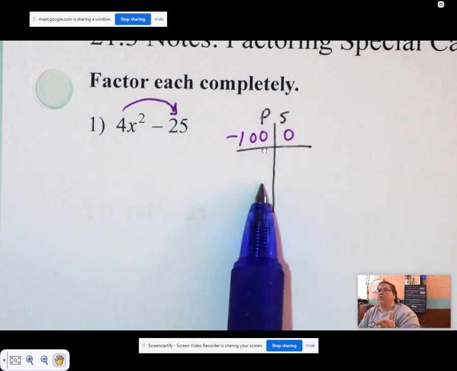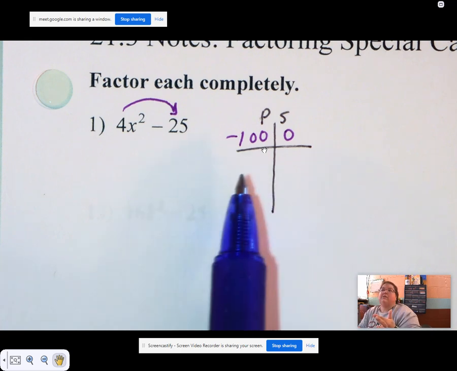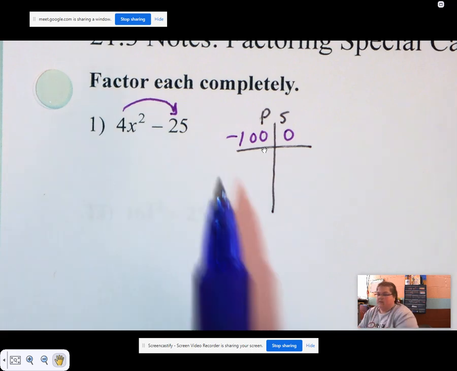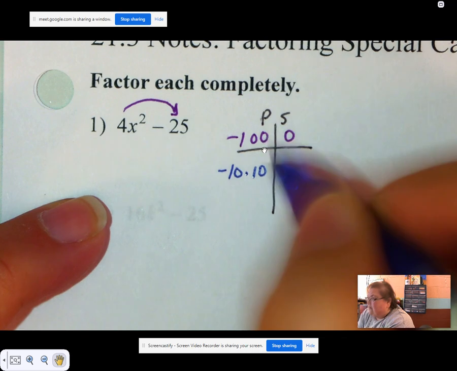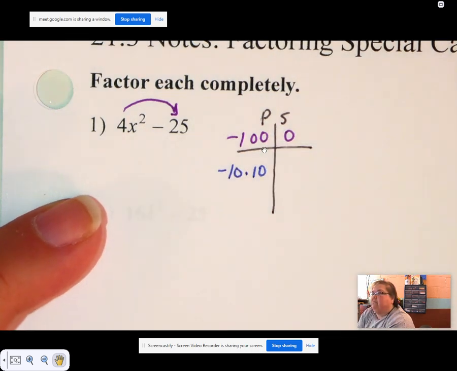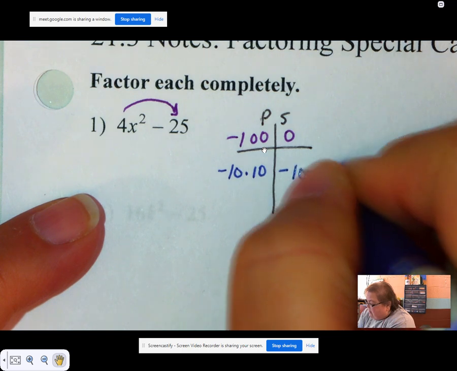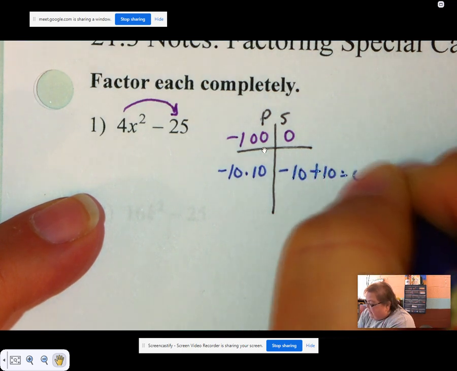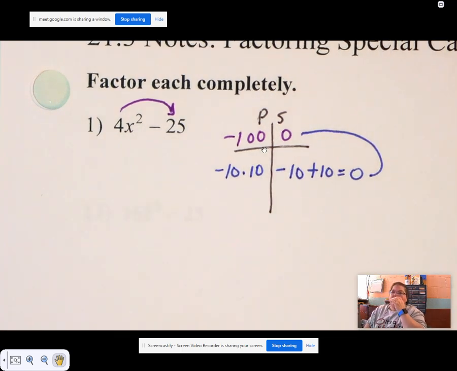Negative 5 and 20, 6 doesn't work, 7 doesn't work, 8 doesn't work, 9 doesn't work. 10, is that it? Is negative 10 times 10 negative 100? Yes or no? It is. And what is negative 10 plus 10? 0. There it is.